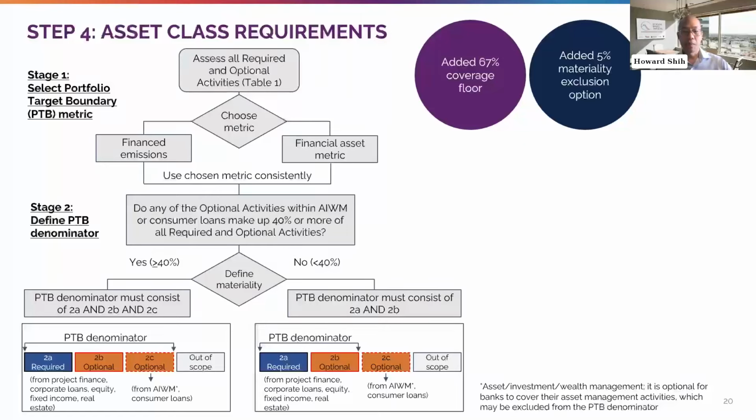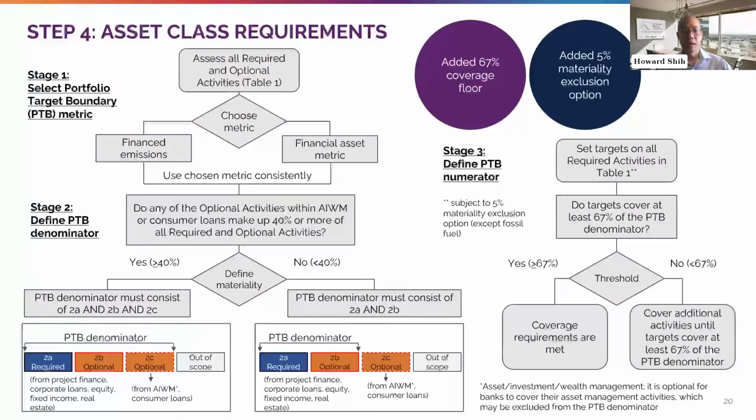So once that denominator has been defined, then the FI will need to set targets on 67% of that denominator. So what it would first do is to set a target on all required activities first, and then check, am I meeting that 67% requirement?